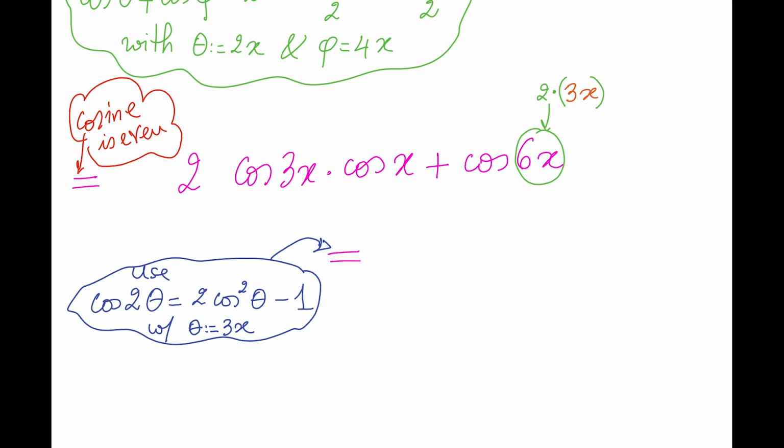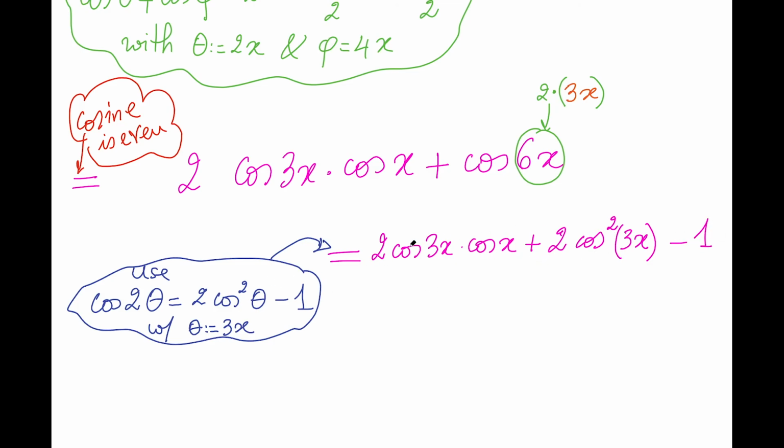Okay, so this becomes 2 times cosine 3x times cosine of x plus 2. I'm talking about this now, right? Cosine of 2 times theta is 2 times cosine squared theta, and theta is 3x, minus the 1.